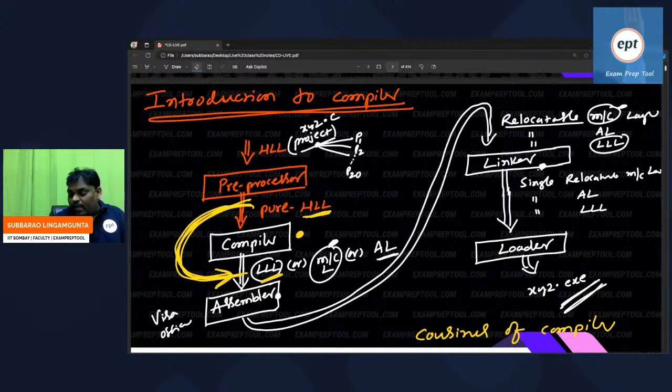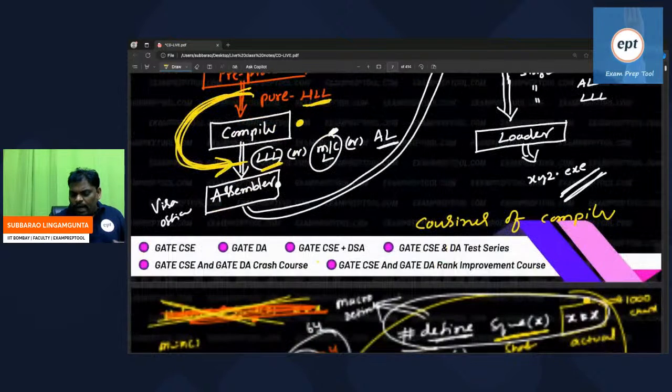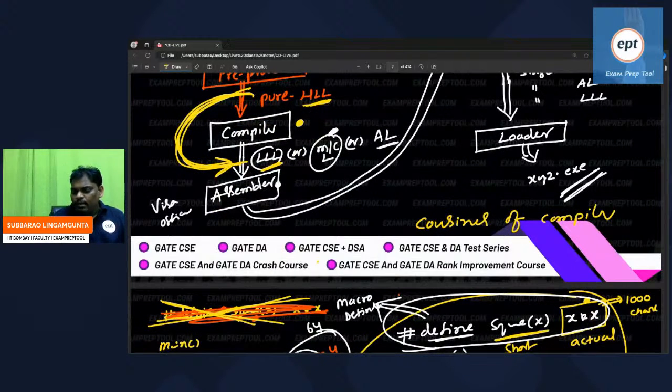This is the language processing diagram. In language processing, after the compiler, who are those helping? Assembler, linker and loader. These are known as cousins of the compiler.